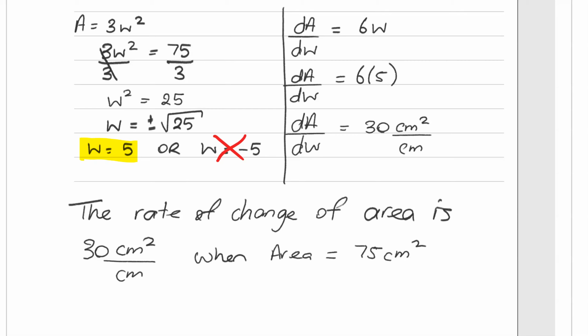So what we're saying is the area is changing at a rate of 30 centimeters squared per centimeter. That's what we're trying to say over here with rate of change. So that's question 2. If you get the rate of change correct, that's a merit question right there.